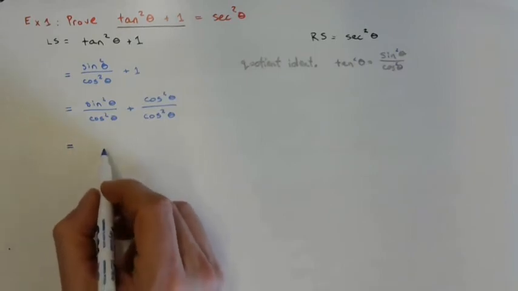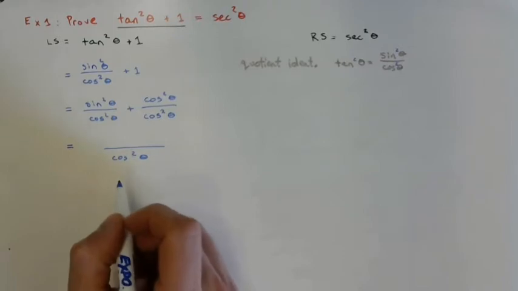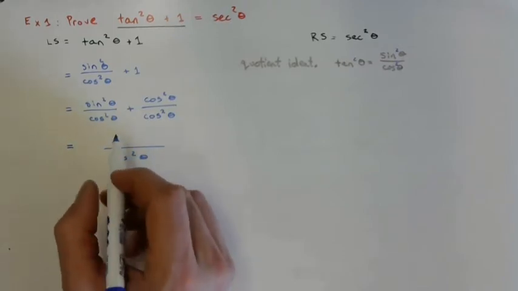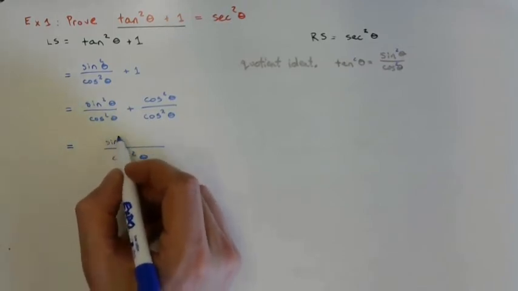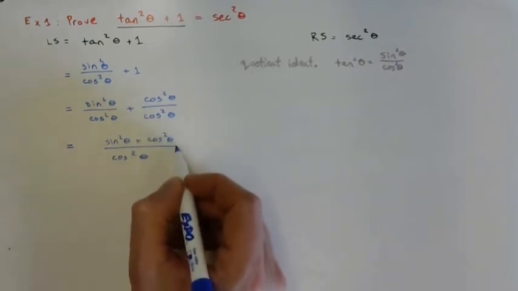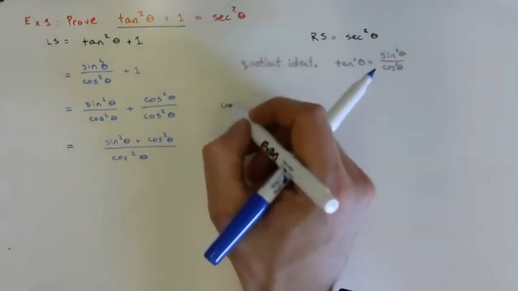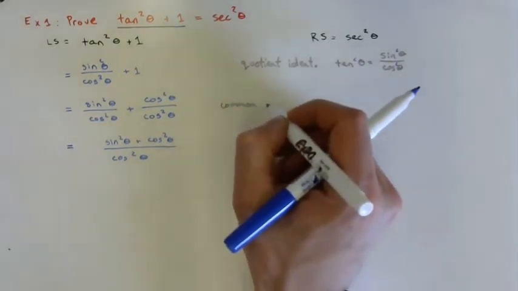But now, what do we have? Well, in the denominator, I have my common denominator, the square of cosine of theta. And in the numerator, I have sine squared theta plus cos squared theta. Now what do you see? You can cancel one. Nope. Okay, my bad.